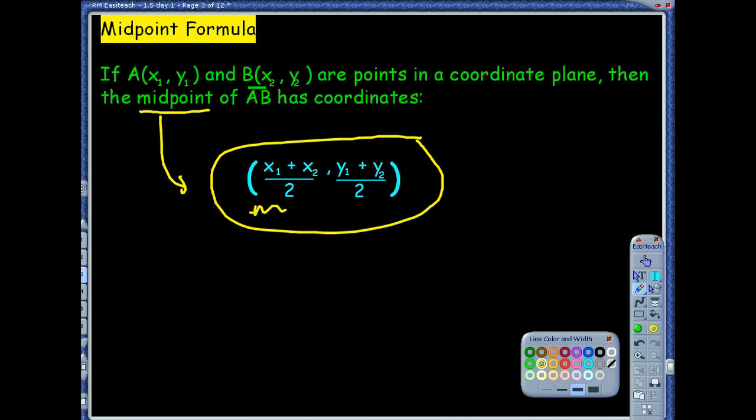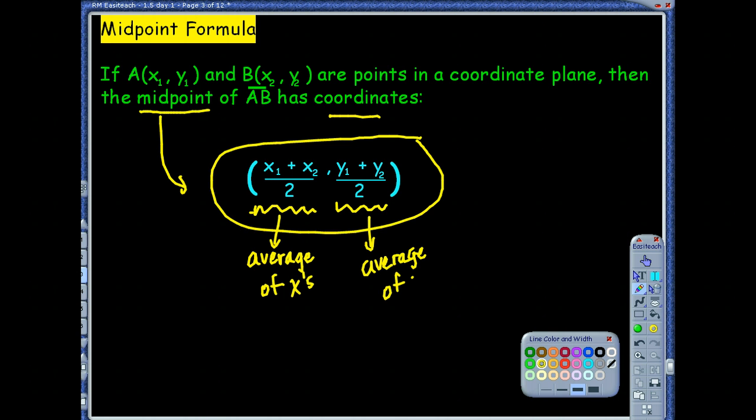So this part right here, notice there are parentheses around it. This is finding the actual coordinates of the midpoint. So this is the x coordinate. This is the average of your x's. And then this part is the average of the y's.